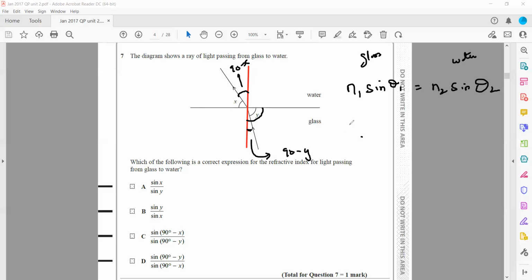So the refractive index of glass, n1, times sin of the angle of incidence, 90 minus y, equals n2 times sin theta 2, which is 90 minus x.